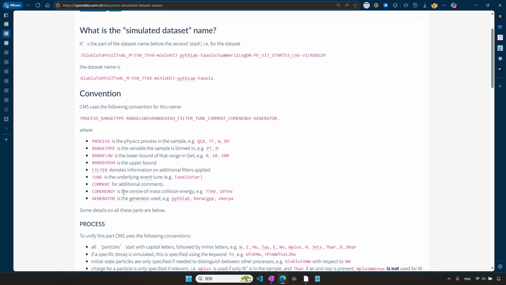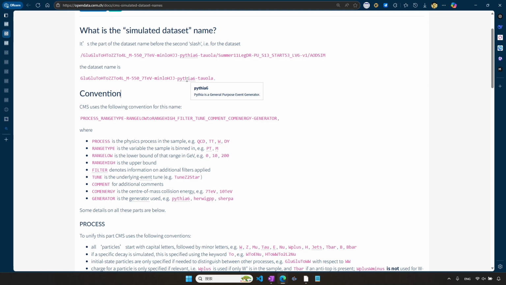It means the center of mass collision energy of this file. And the last part is generator information. They used Pythia 6.